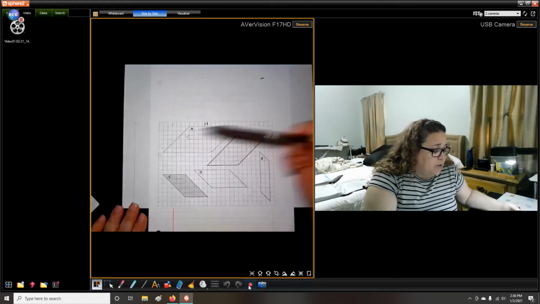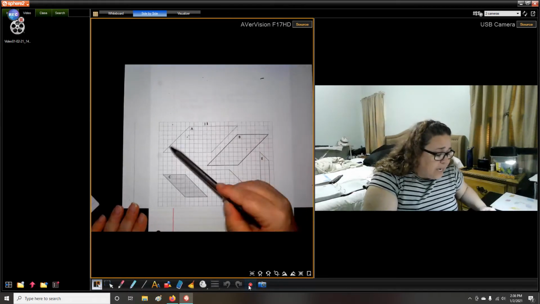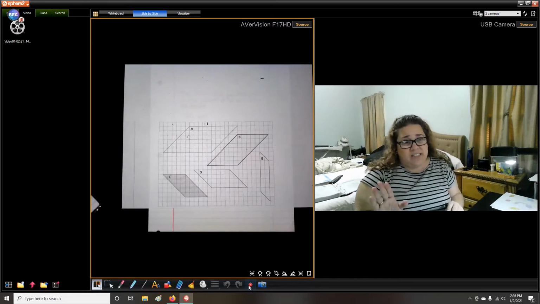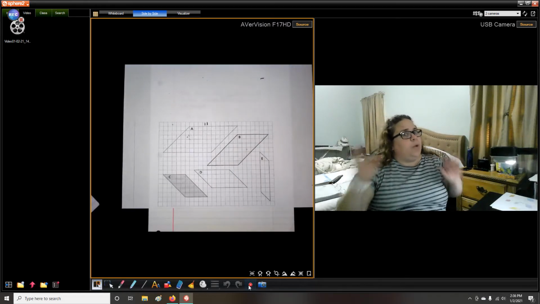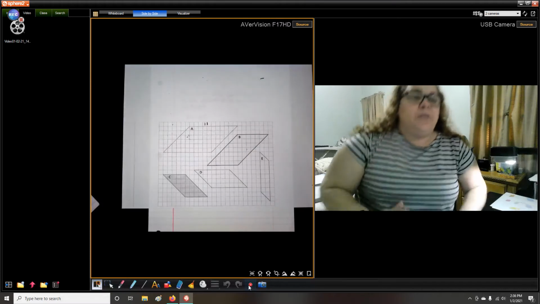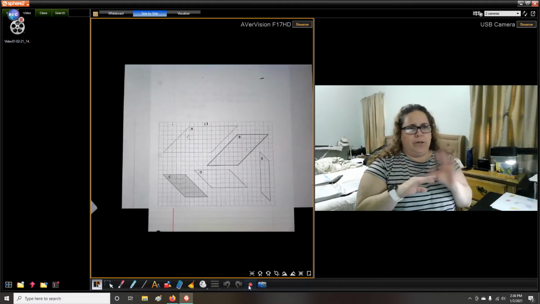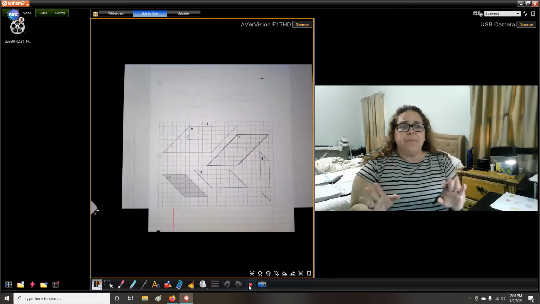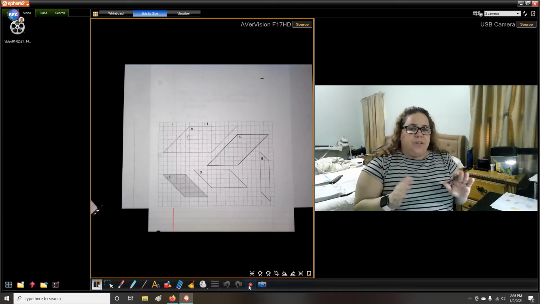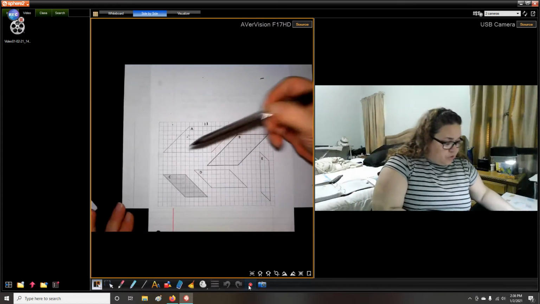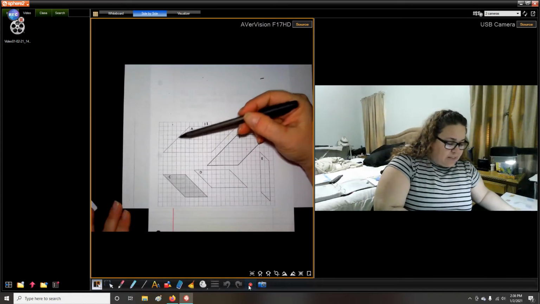Same thing is for the height, but we can't use this slanted line. We never use the slanted line. Just remember, we never use a slanted line. The reason why is your math will come out all wonky, because the slanted line isn't the height.